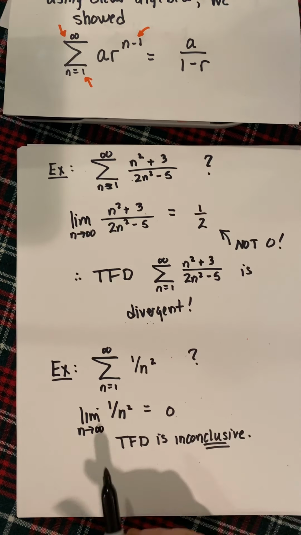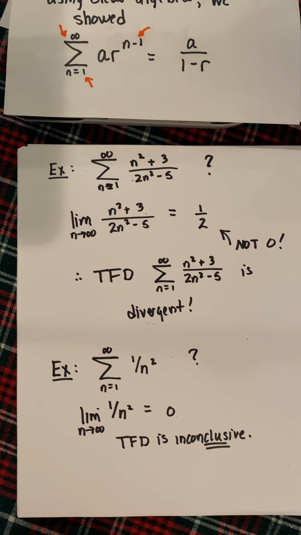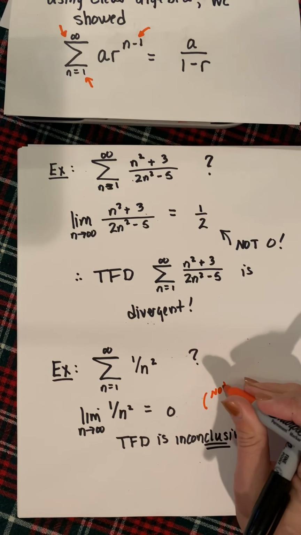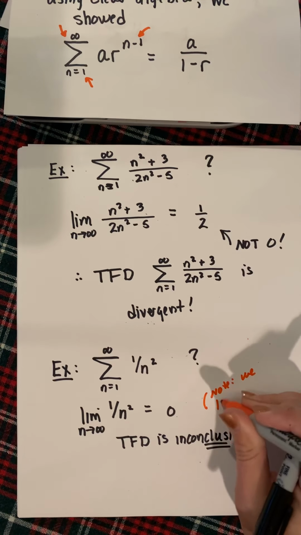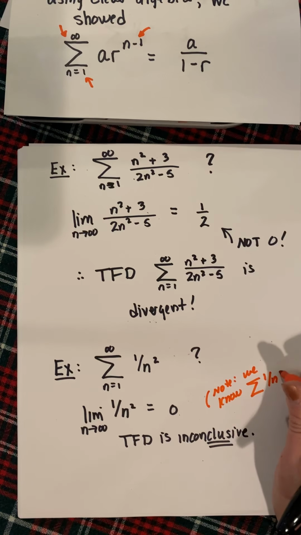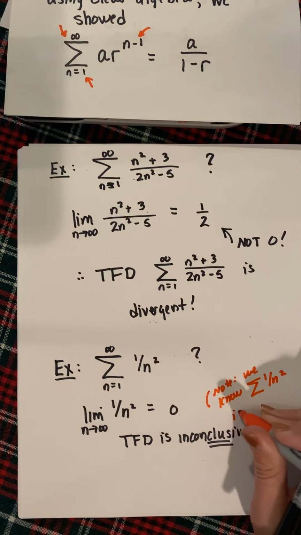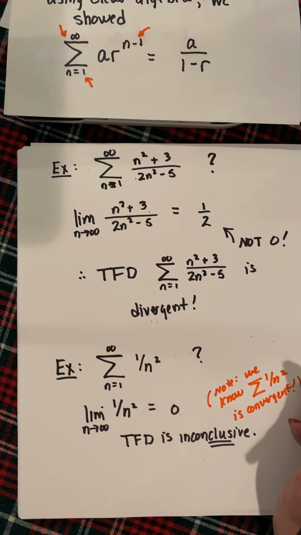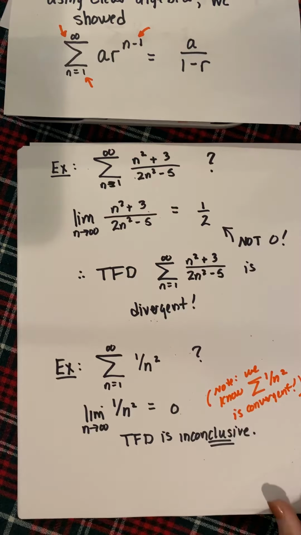All we know is that we can't conclude that it's divergent. So we know that 1 over n squared is convergent. Okay, we looked at that using an integral.